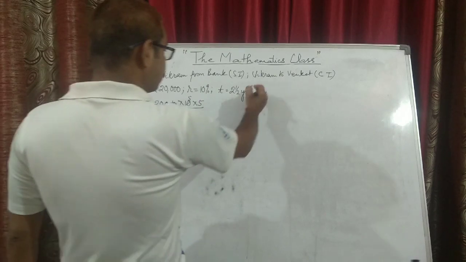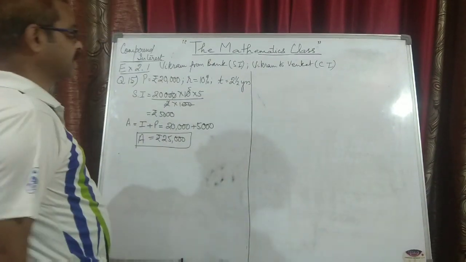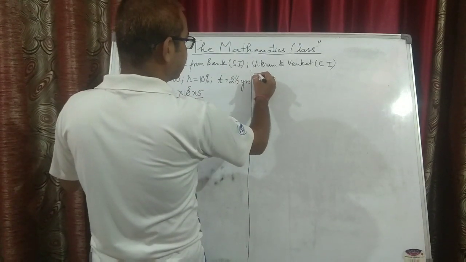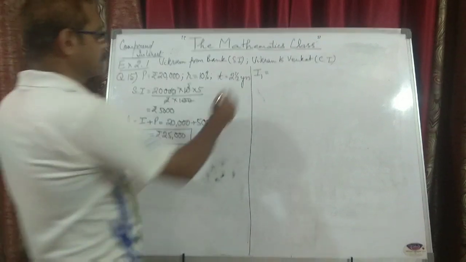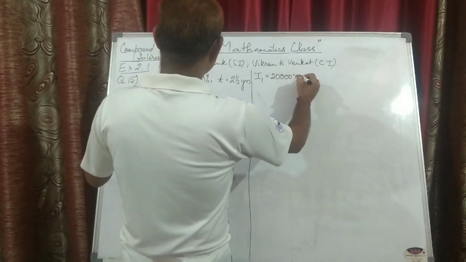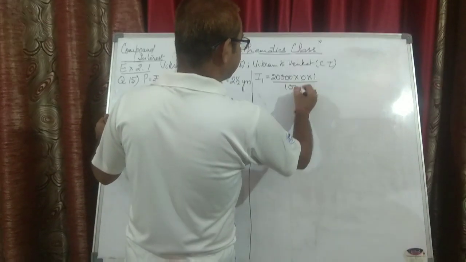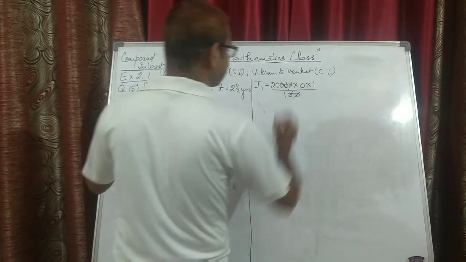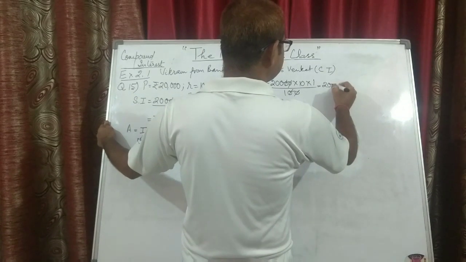Now let's see how much Vikram is earning from his friend Venkat. In this case, we'll calculate I1, the interest for the first year: principal 20,000, rate 10%, time 1 year, upon 100. The zeros cancel, and it becomes rupees 2,000.